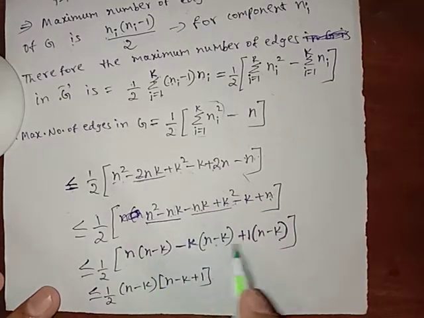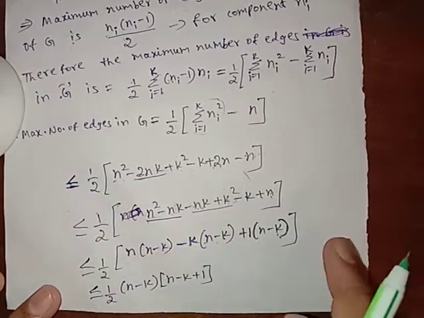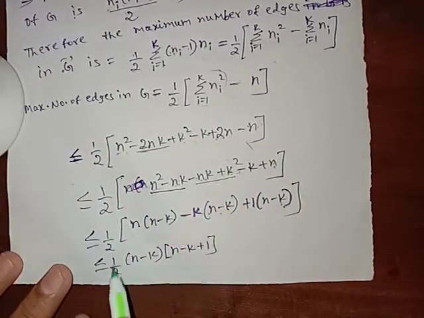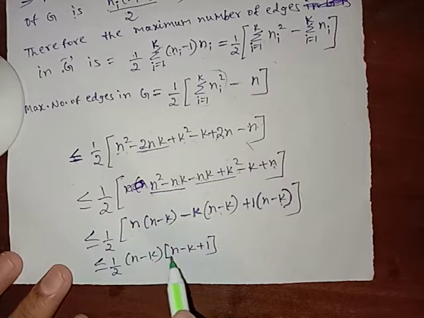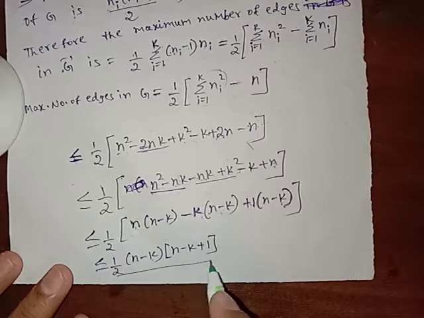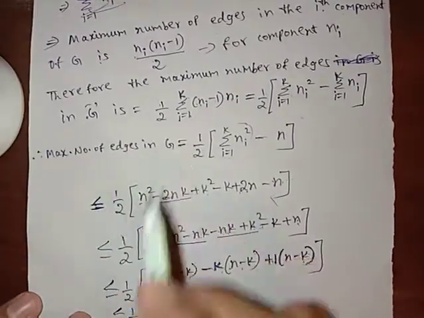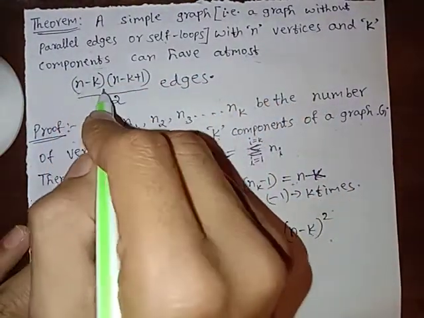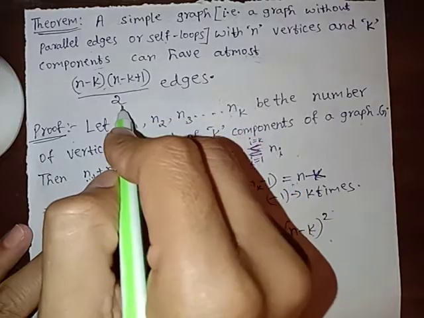So n minus k is common in all these factors, so we can take n minus k as a common factor: 1 by 2 into n minus k into n minus k plus 1. So this is the maximum number of edges in G. So what do we have to prove? At most it has n minus k into n minus k plus 1 divided by 2 edges. So hence the proof.